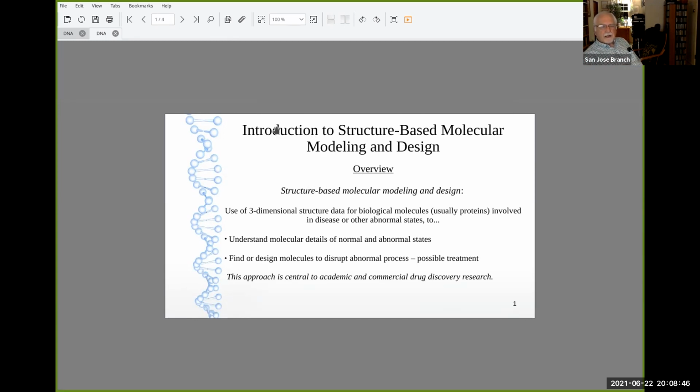The software package that I like to use the most is called PyMol, and it's actually good for both small molecules and proteins. And it's quite good with 3-dimensional visualization. We'll talk about protein ligand interaction. We'll talk about binding pockets in proteins. Maybe these are things that you've already come across.